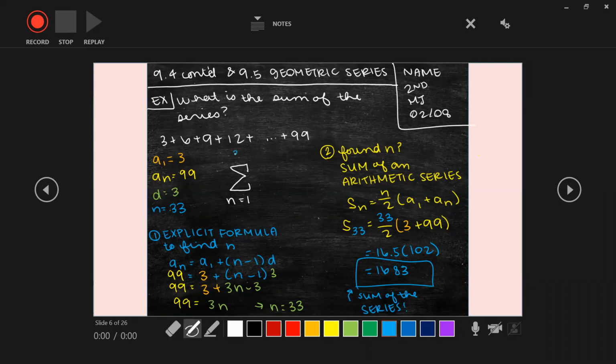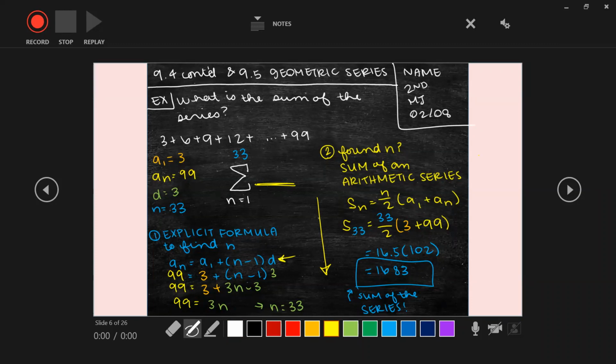It's 33. So it's how many terms do we have total, right? What's going to be the last term that we're counting in our series. And then over here, that's where we write our explicit formula. On Friday, I walked through all the steps where I pulled back out this formula, this a sub n is equal to all of that, and walked you back through how to find the explicit formula.